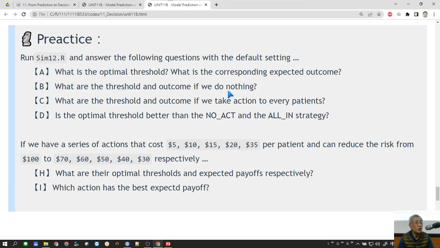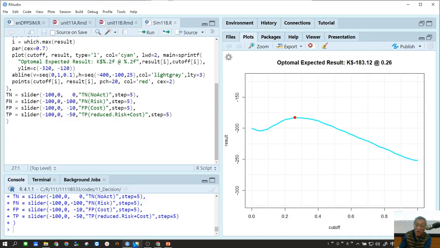If you do not take action at all, what would be the threshold and expected outcome, I mean. Same. Same? Because TN is no action. So if I take no action at all, what do we mean that if we set the threshold at 0.26?